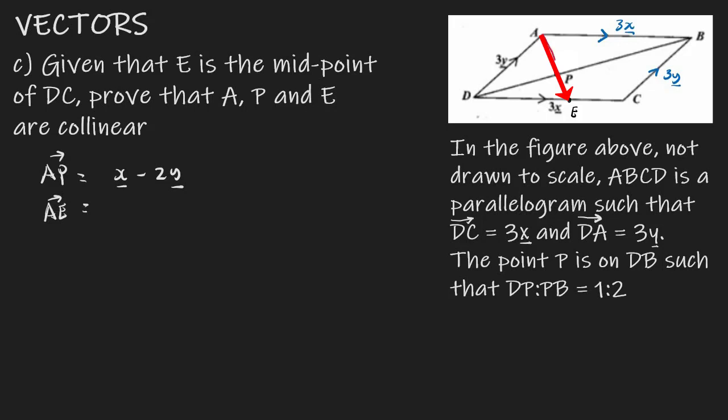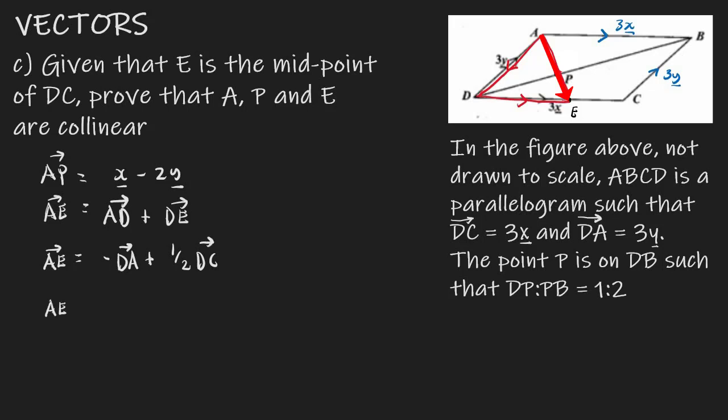I will find vector AE by coming down vector AD and going across vector DE. So vector AE is equal to AD, of course, which is in the opposite direction to vector DA, so this is negative vector DA, plus vector DE. We know that E is the midpoint of DC, so vector DE is half the vector DC.